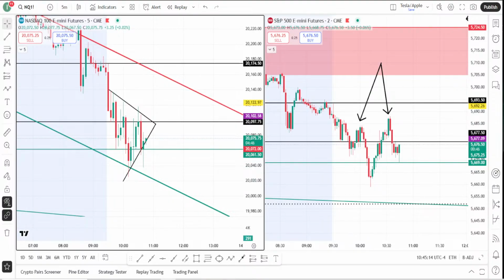But the market likes to go to where the stops are, stop everybody else out, and then make the move.